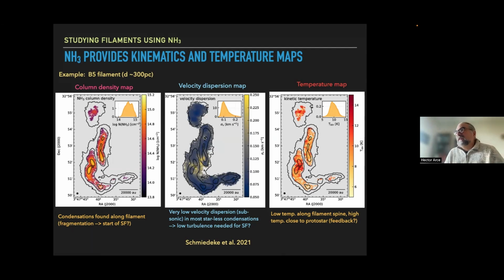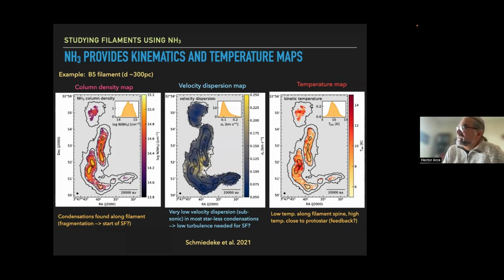We can also study the velocity dispersion. That is how much dispersion in the velocity there is of the gas along the line of sight. And the darker colors here are lower velocity dispersion, which means lower turbulence.